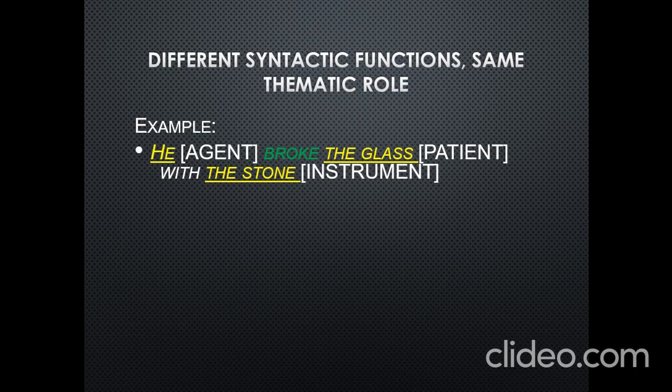The doer of the action involves agency. So we always associate the subject with an agent, like in the case of he broke the glass. So in he broke the glass, he is the agent, the glass is the patient, the affected theme. And then we have also with the stone, which is the instrument.